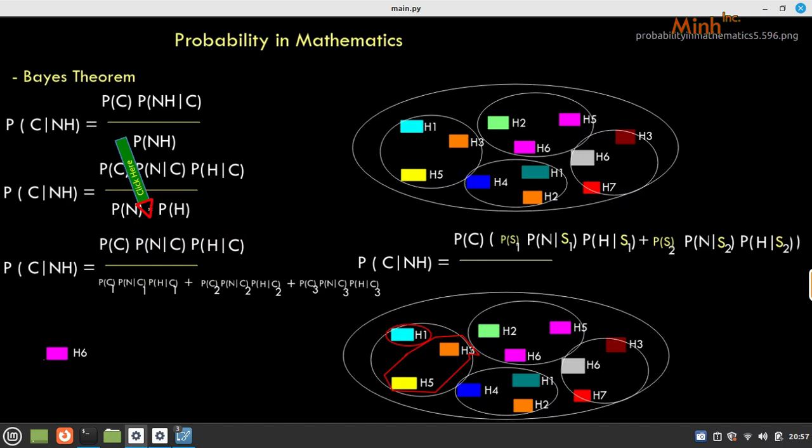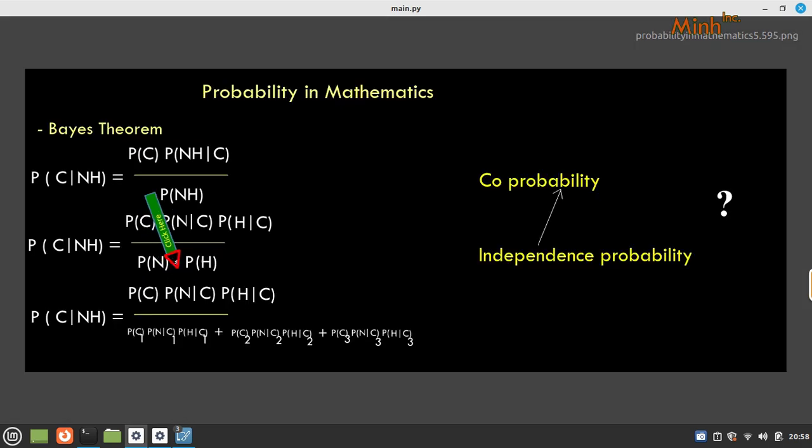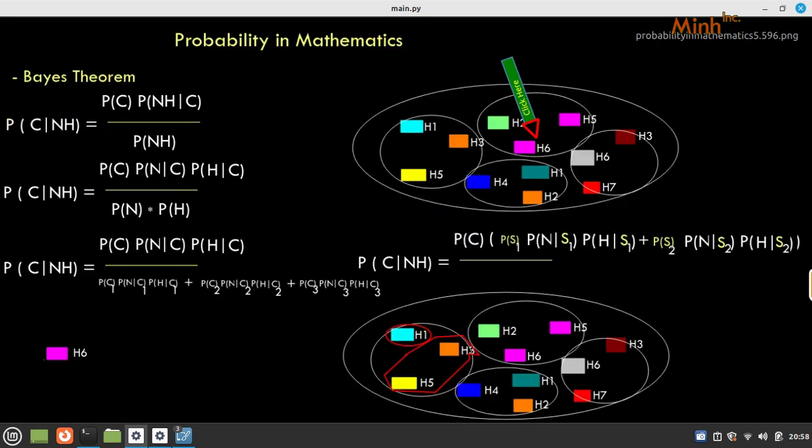In that way, we can go class by class, and then inside that we look for the hybrid plane. So the hybrid plane we look at as independence probability in a particular class, and then class by class. If we do this, then from the independence probability we move toward more reality.